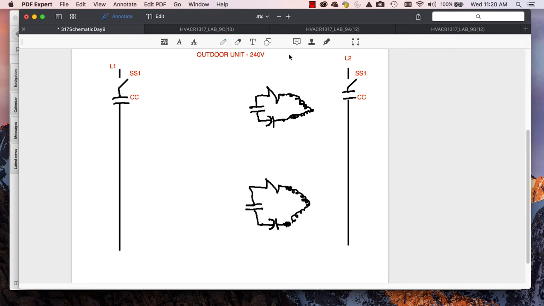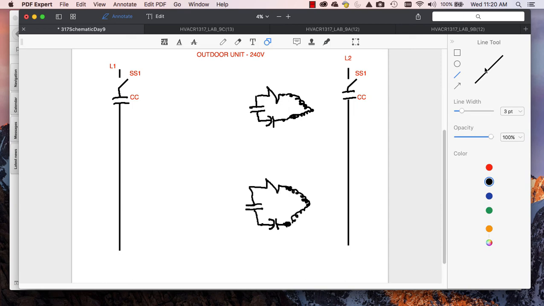Okay, now I'm going to connect in my common or my line 2 for both motors.